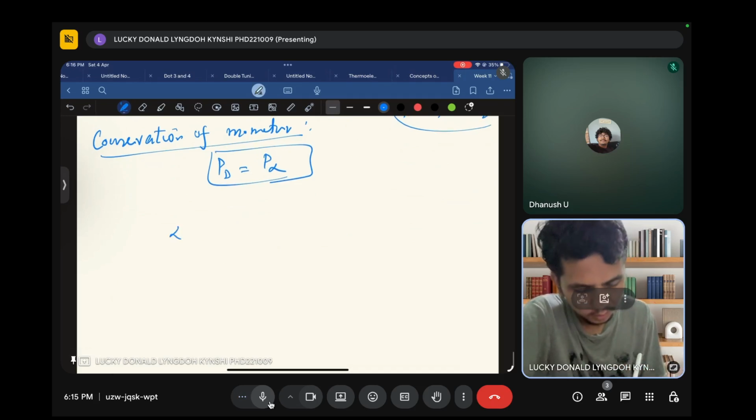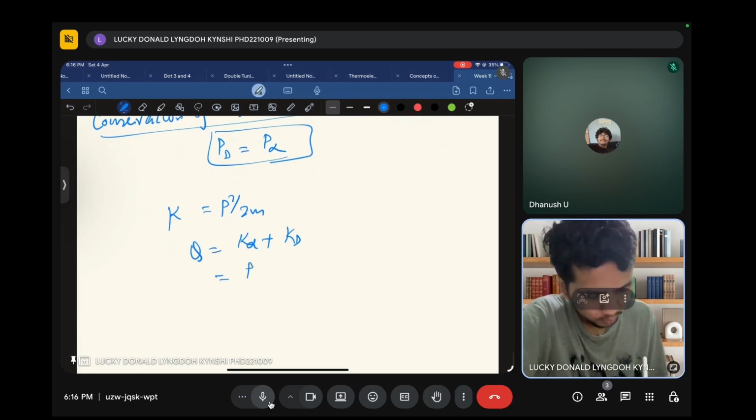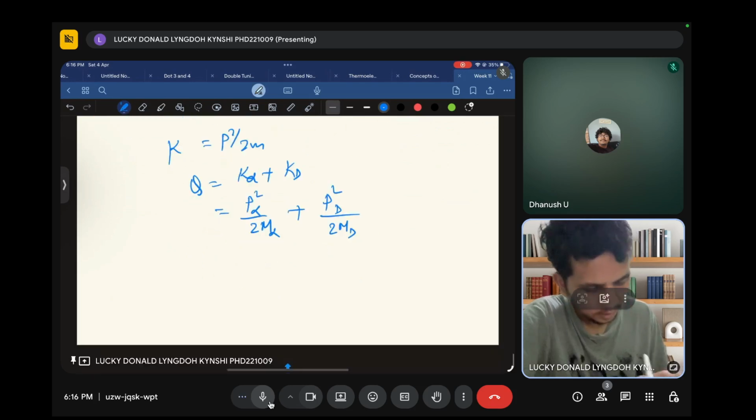Now you can also use an approximate non-relativistic approximation. Your kinetic energy is equal to P square by 2m, correct? So Q is equal to K alpha plus K of the daughter nucleus, which will be equal to P square alpha by 2m alpha plus P square of your daughter nuclei divided by 2 mass of your daughter nucleus. This will be equal to what?